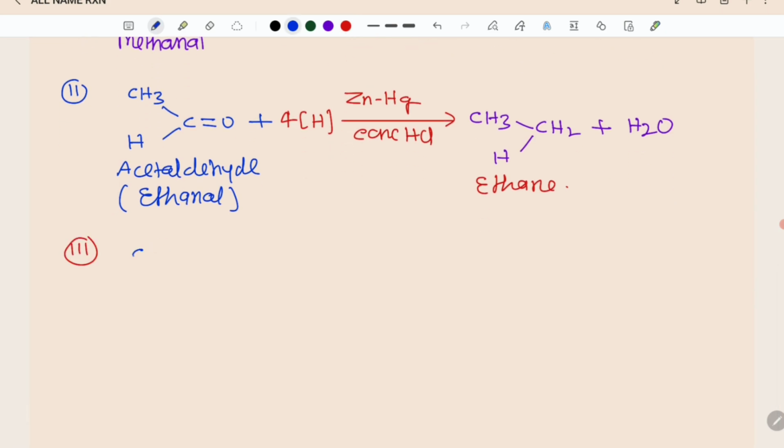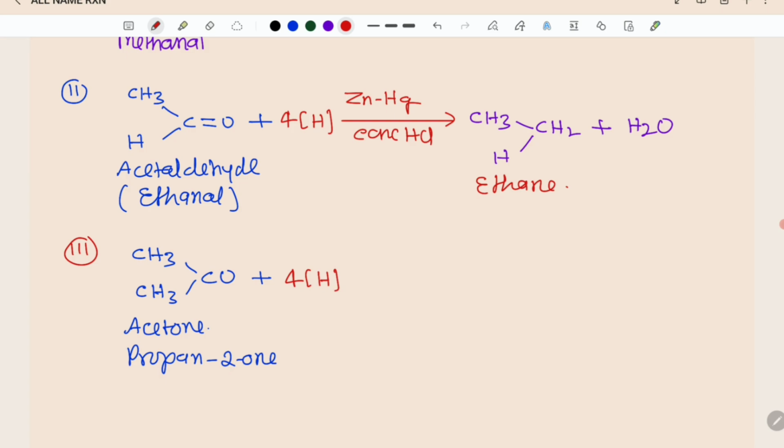Now we take another example. If we take a ketone, this is a ketone, and the name of this one is acetone, or propan-2-one. There is a need of 4 hydrogen atoms for the reduction, and these 4 hydrogen atoms come from zinc amalgam and concentrated HCl.